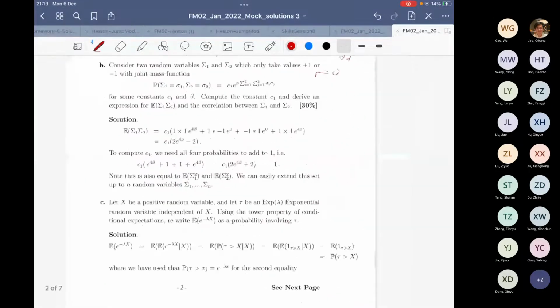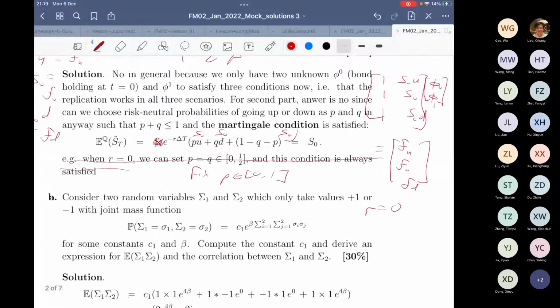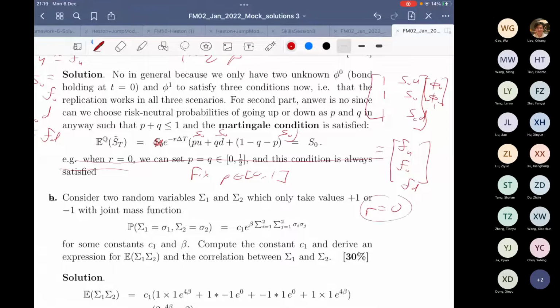So I can make the statement I was envisaging in my mind, which is that if R is 0 and S0U minus S0 is equal to S0 minus S0D, i.e. the distance to the up barrier from the initial stock was the same as the distance down to the lower barrier, then it's very easy to check this, in the sense there's a certain symmetry about the problem, and to ensure the martingale condition, you simply need that P is equal to Q.